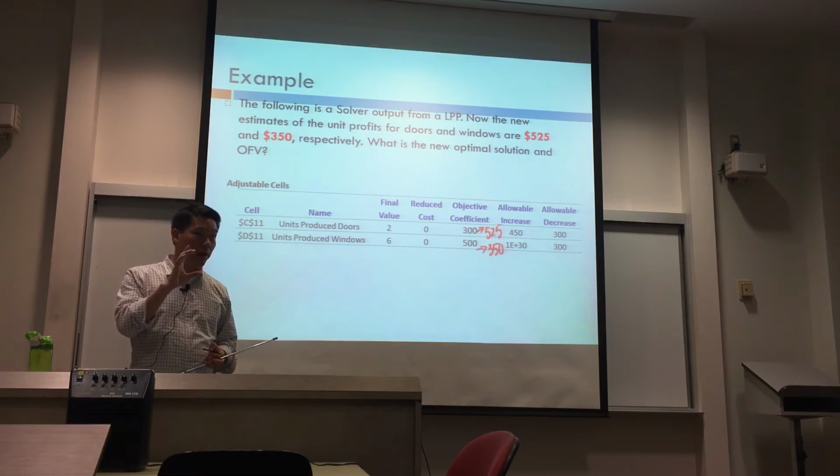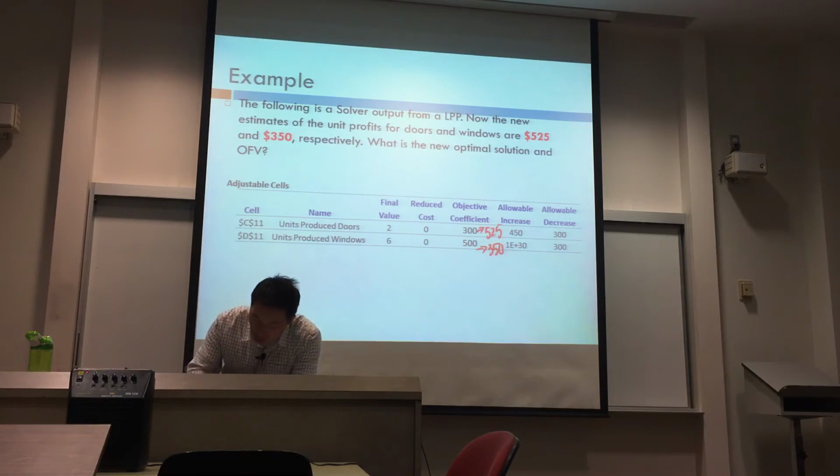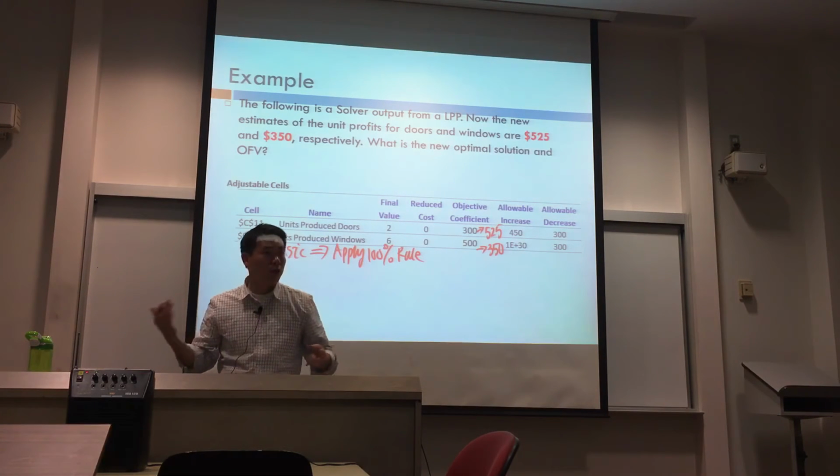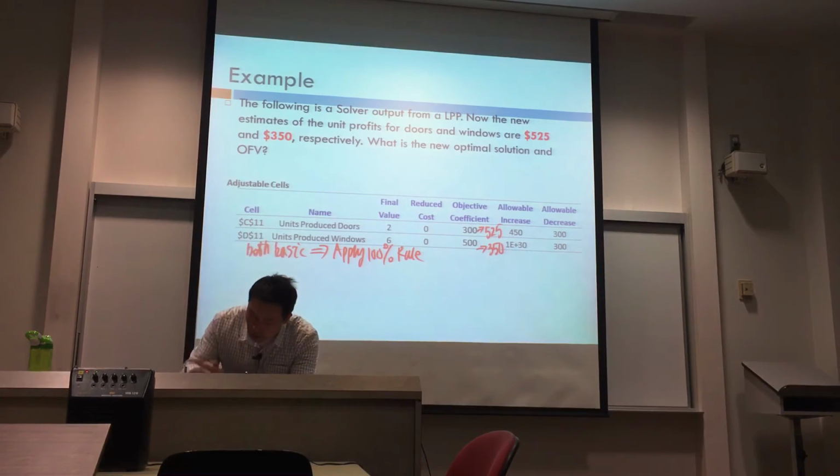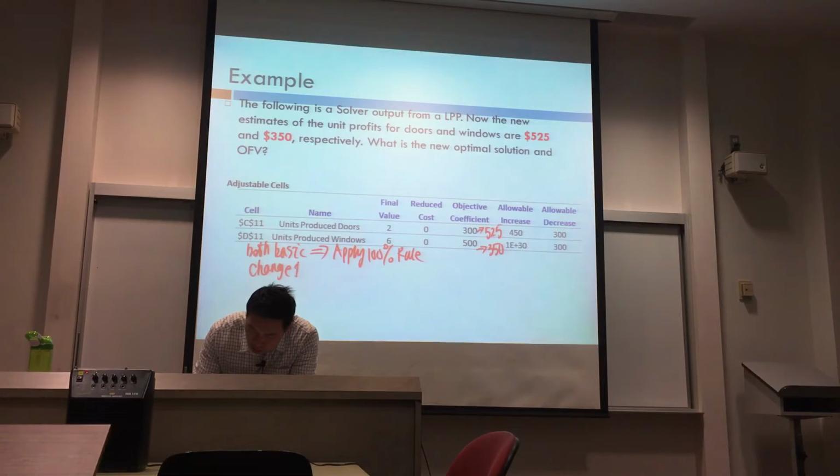If at least one is basic, you have to apply the 100% rule. If both of them are basic, of course you have to apply the 100% rule as well.